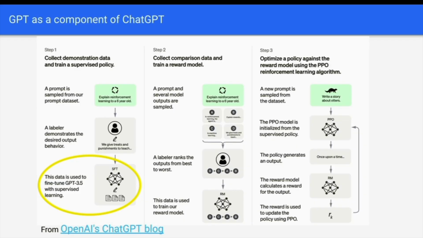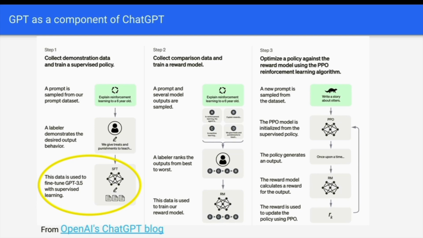So let's talk about ChatGPT, since that's what everyone is really interested in these days. The OpenAI folks have actually provided a little diagram of how they use GPT. Their blog on this is super interesting if you get a chance to look at it. They use a couple of techniques. First of all, they fine-tune GPT 3.5 using output from humans.